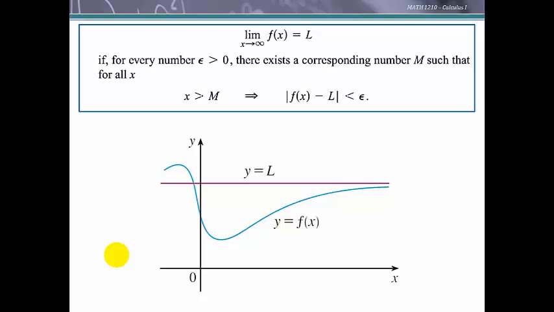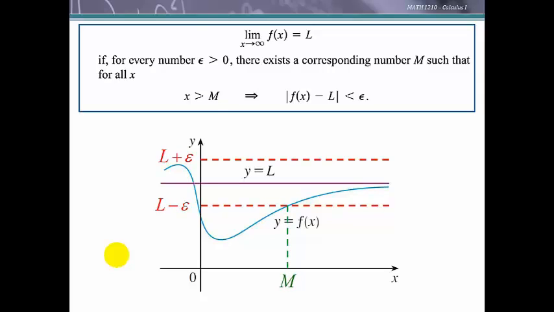So what this is saying is if we look at L plus epsilon and L minus epsilon, there exists a number m such that if we pick any x greater than m, so any x to the right of this, then the function value is within epsilon of L. So we fall within this band here.